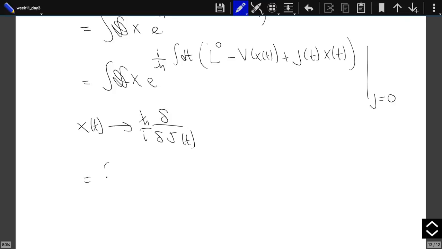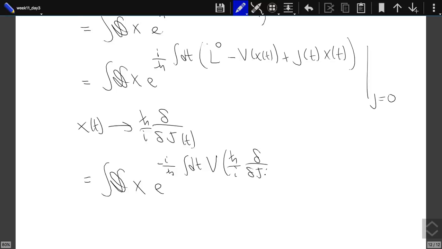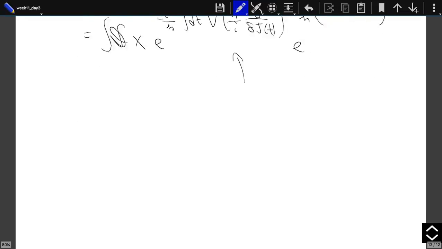So this will be equal to the integral dx e to the power minus i over h bar integral dt V of h bar over i, the functional derivative with respect to j of t, times e to the power i over h bar, let me just write S0 plus jx. But now, this is just an operator which doesn't depend on x. I can just take it out.